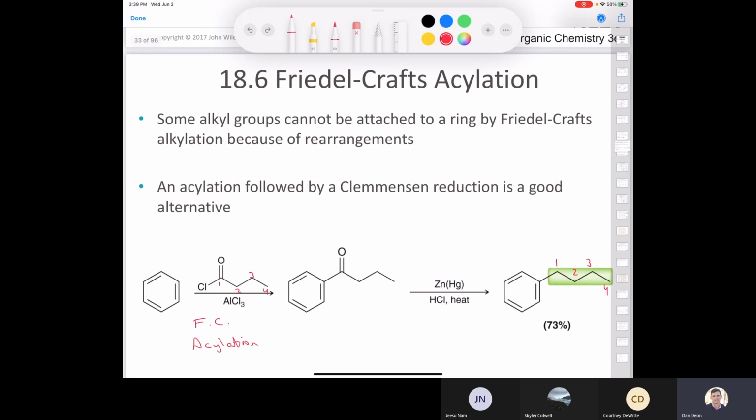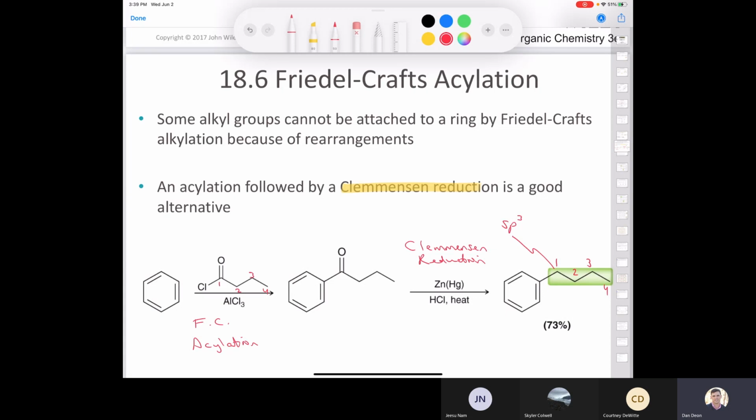Well, I'm going to teach you a brand new reaction, and it's called the Clemmensen reduction. Okay, right here, the Clemmensen reduction. And what the Clemmensen reduction does is it removes the oxygen from the carbonyl, and it replaces these 2 bonds to oxygen with 2 bonds to hydrogen in order to make an sp3 hybridized methylene, CH2.